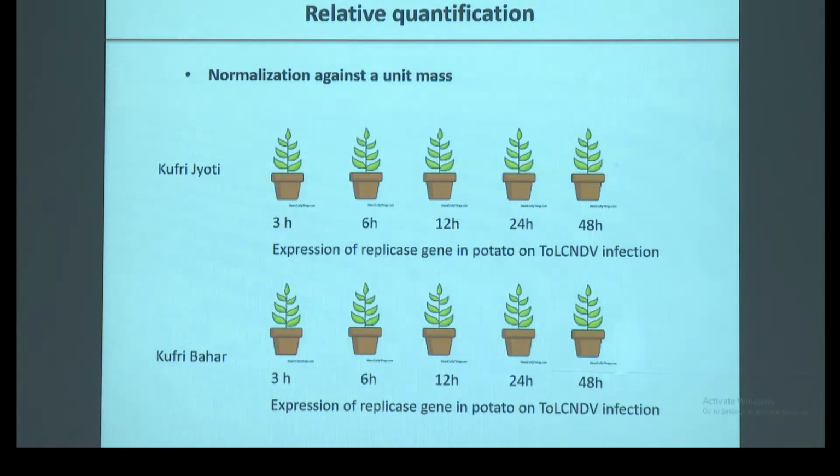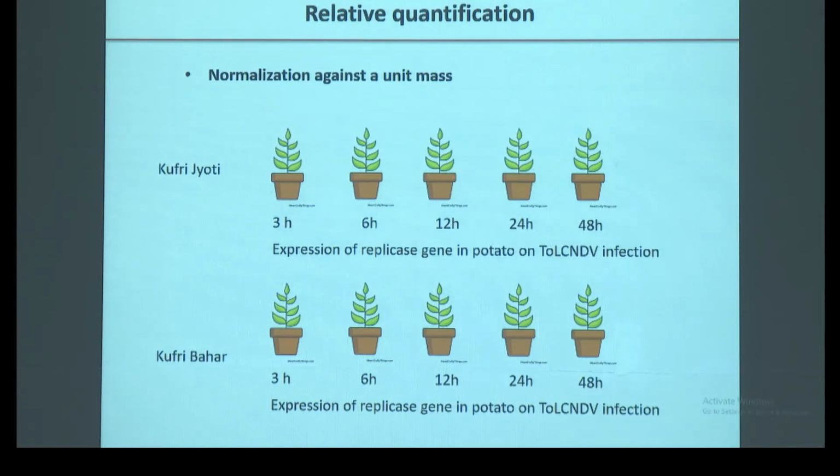Compared to 3R, I will see the expression in fold change at all these points. Compared to this point, this is called the calibrated sample. The name itself is telling, relative. In relation to Kufri Bahar, what is the fold change of the virus gene expression?